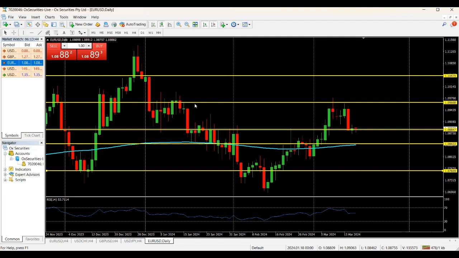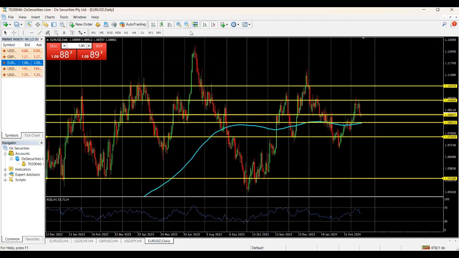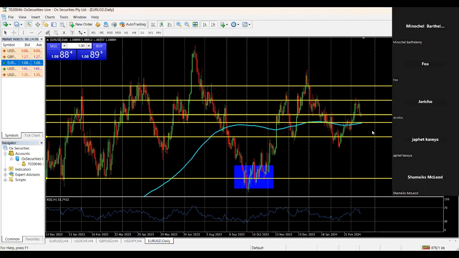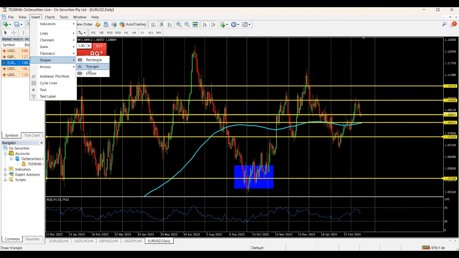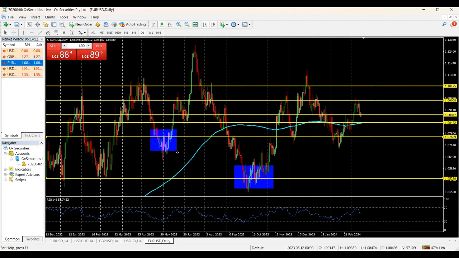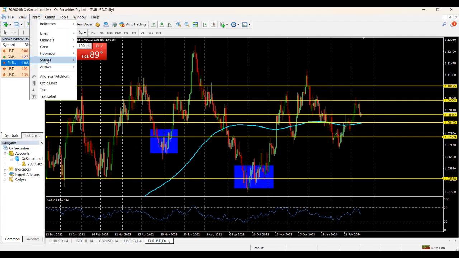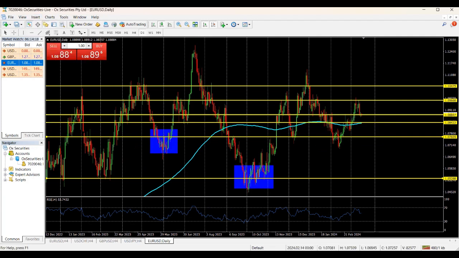So now I'm done placing my support and resistance levels. The first thing I'm going to do, which I always recommend you guys do, is to sometimes zoom out to see what's going on. As you guys can see, if you've been studying, you can notice a pattern. We got the head, shoulder right here. We have the left shoulder right here, and then we have the right shoulder.